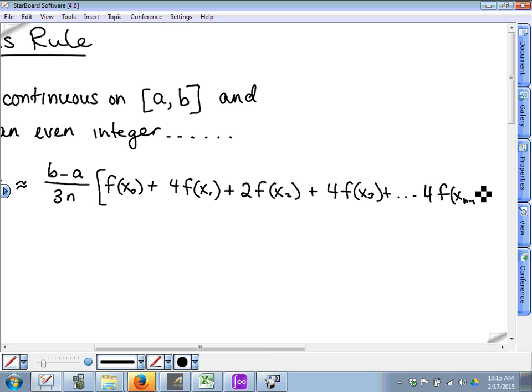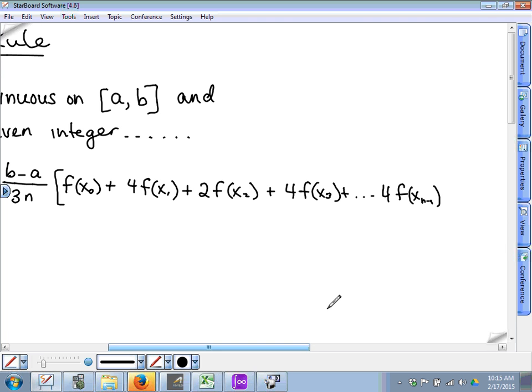That's the second to last one. Plus f of x sub n. That's the last one.